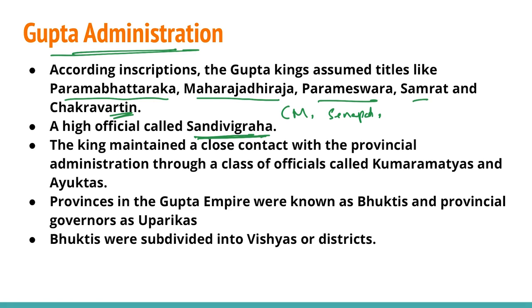The king maintained close contact with the provincial administration through a class of officials called Kumaramatyas and Ayuktas. The provinces in the Gupta Empire were known as Bhuktis and the provincial governors as Uparikas. They were mostly chosen from among the princes. Bhuktis were subdivided into Vishayas or districts, governed by Vishayapatis.